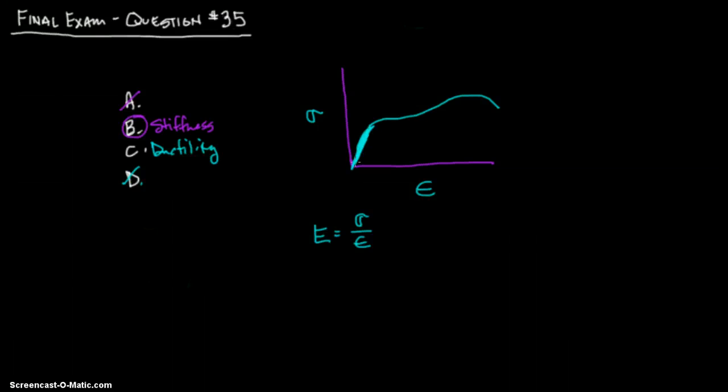Before it starts to curve over, that's your elastic zone, and from here over is your plastic. We typically would like to design in the elastic. You can do plastic design, but elastic design is simple.